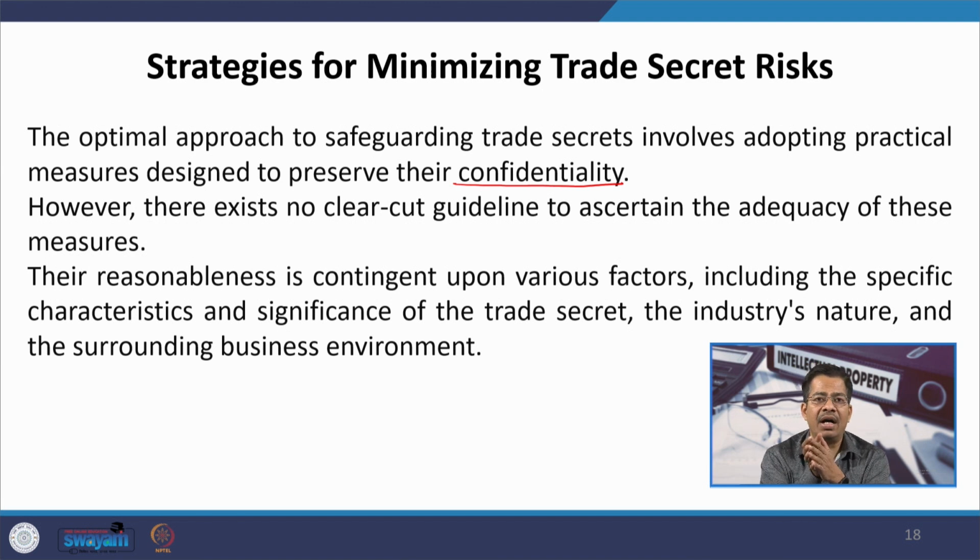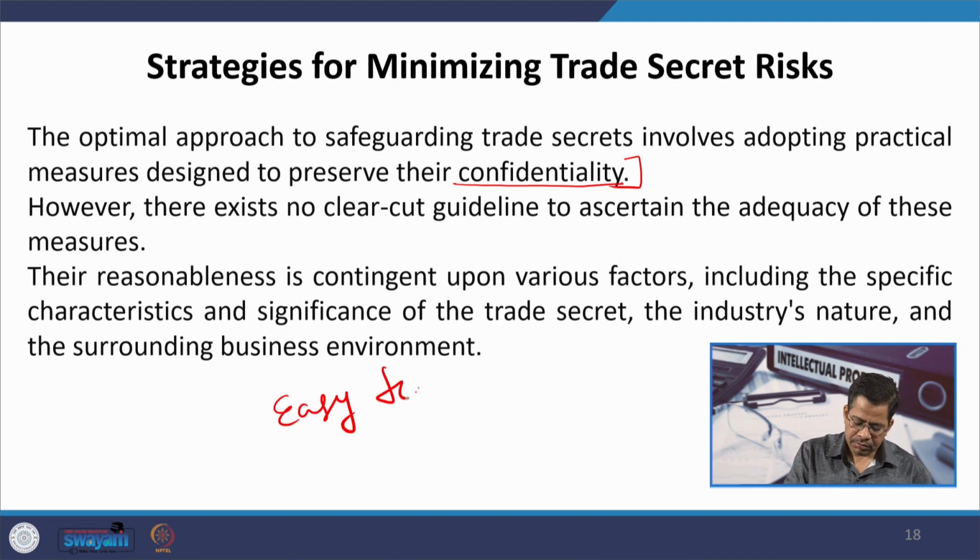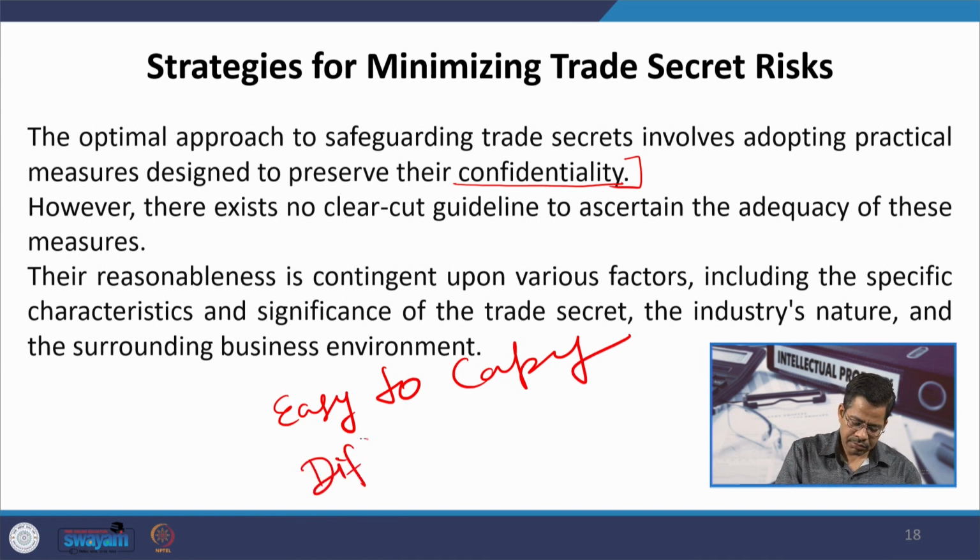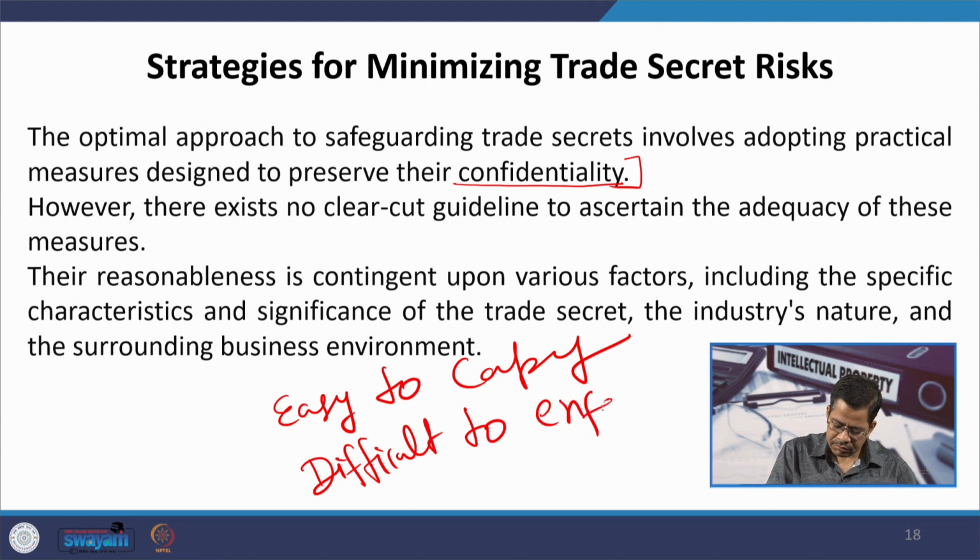So, recipes are generally kept under trade secret. So, the important thing is confidentiality, and it is applicable wherever it is easy to copy and difficult to enforce. You should go for trade secret, and the most important thing is how to maintain the confidentiality.